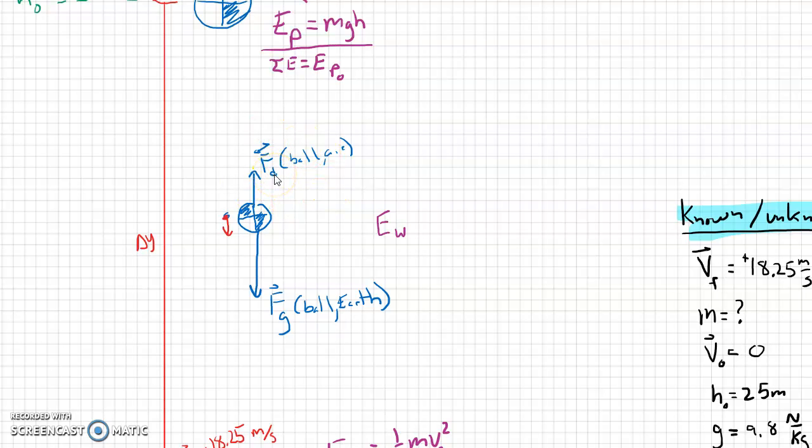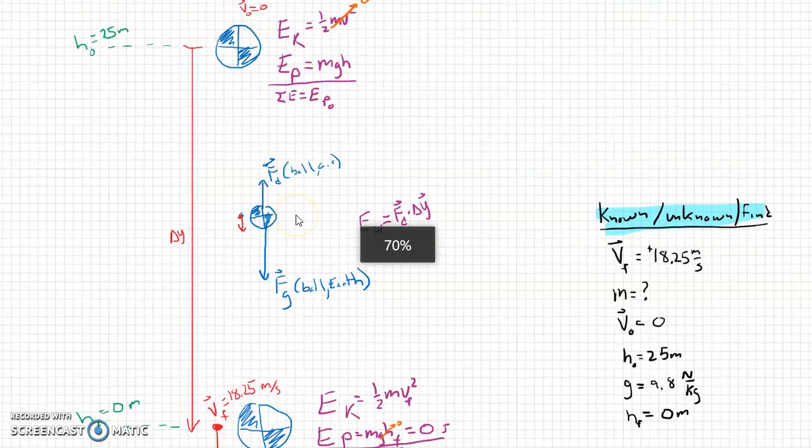So the work that's done here, you can think of it as the work being done by the air resistance, which is the force of drag, times the displacement. Now, one of those is going to be positive, and one of those will be negative. I don't know if I defined a positive direction in this problem.